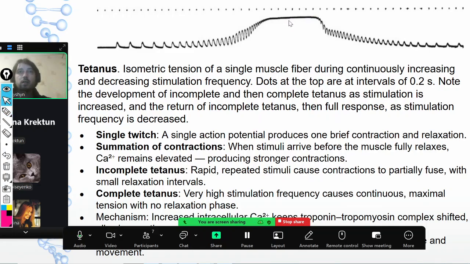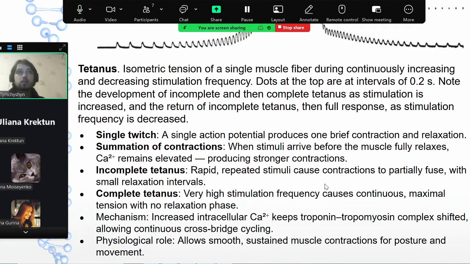That's because the signals are coming from the neuron or from whatever stimulatory mechanism you have. Maybe it's prepared somewhere in the lab, that muscle. But if stimuli are coming pretty frequently, you will get a continuous tension with no relaxation phase. The mechanism is basically calcium dependent.